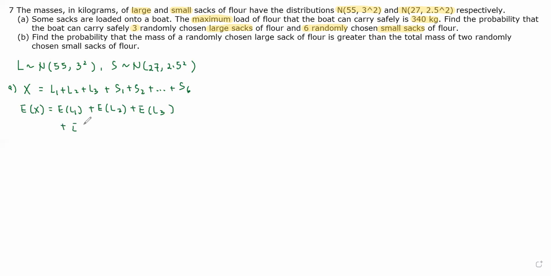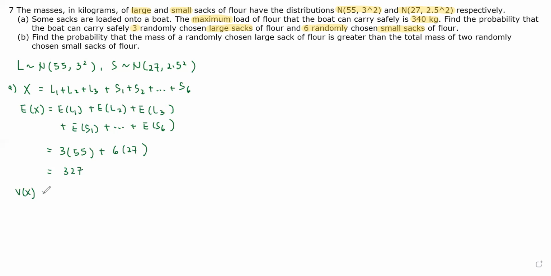And then we have the expected value of S1 up to the expected value of S6. Since the expected values of L1, L2, L3 are the same, and there are 3 of them, we have 3 times 55, and there are 6 small ones, so we have 6 times 27. Then the expected value of X is 327.